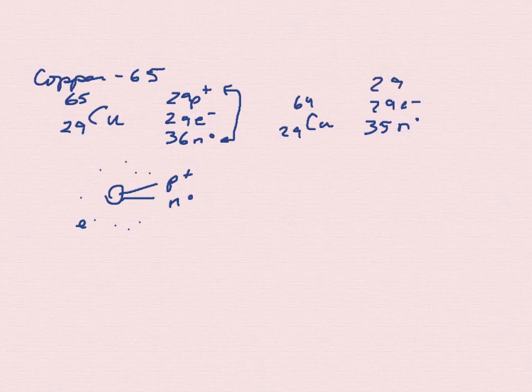I'd have that on there too, if I were you. Difference between isotopes and isobars. I've just drawn two isotopes right here, two isotopes of copper. Isobars are two elements of the same mass, but different atomic characteristics, different identity altogether.